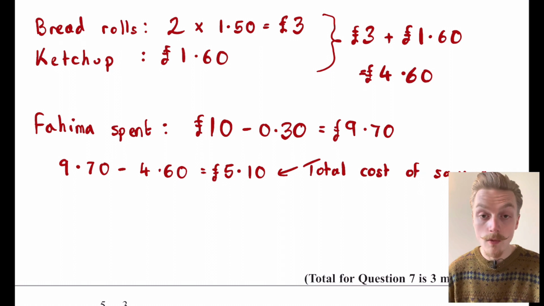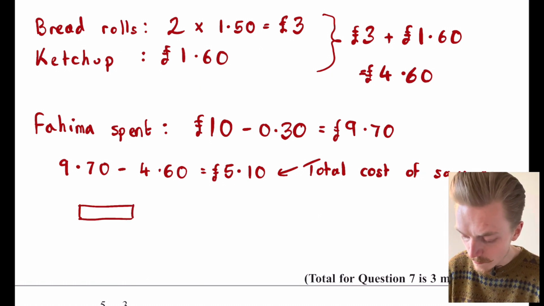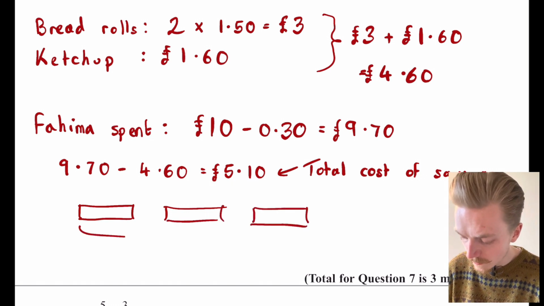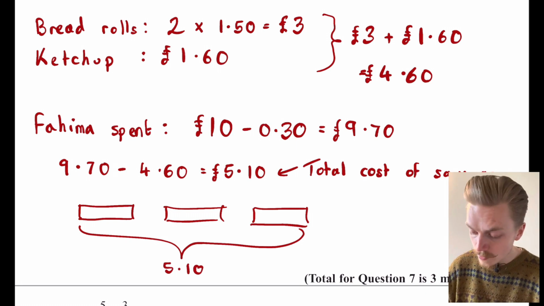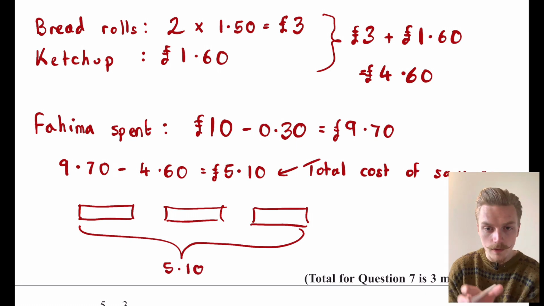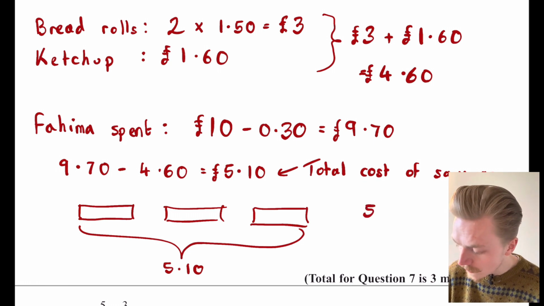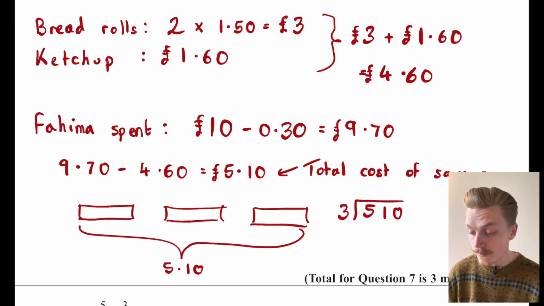So if I want to work out what one costs, well, this is the cost for 3 of them. So if I do 3 packets here, altogether, that's going to be £5.10. So that means that just one packet is going to have to be splitting that cost equally between the 3 different parts. So it's going to be 510 or £5.10, and it's going to be dividing it by 3. And let's work this out.